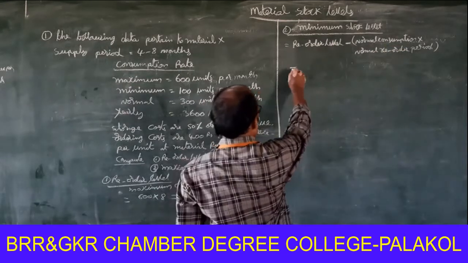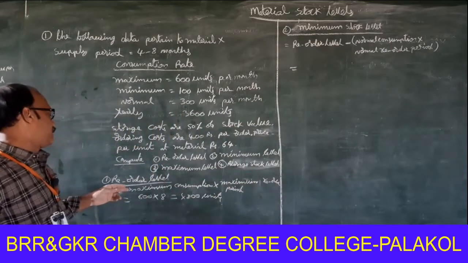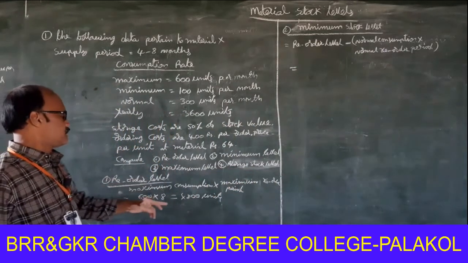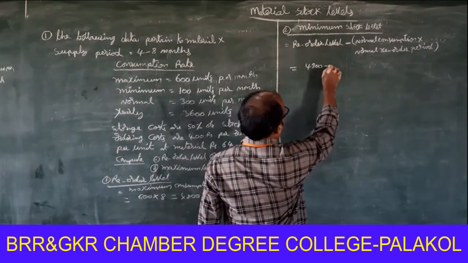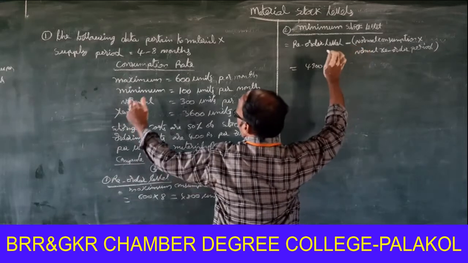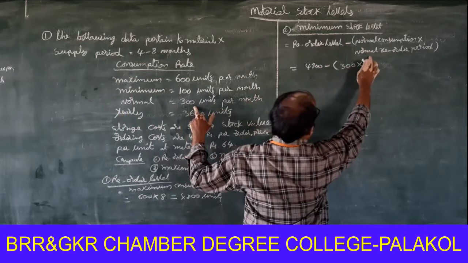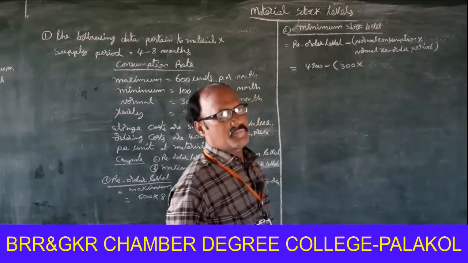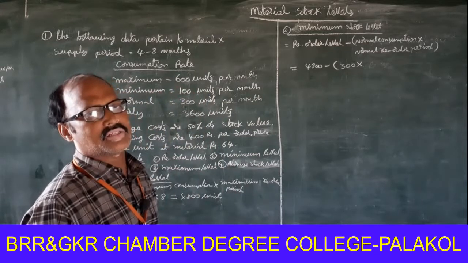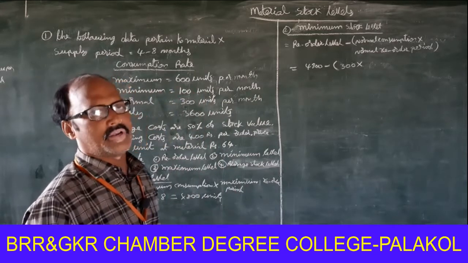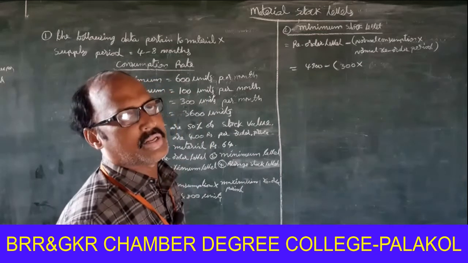Reorder level is available; we already calculated it at first. So reorder level is equal to 4800 units. 4800 minus normal consumption, look at that one, 300 per month, 300 into normal reorder period, which is not available in the problem directly. So the following principle is to be applied for calculation of normal reorder period: minimum reorder period plus maximum reorder period by 2.